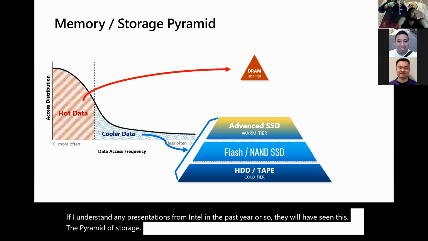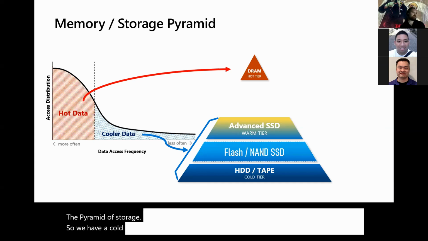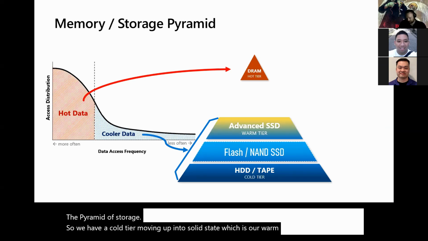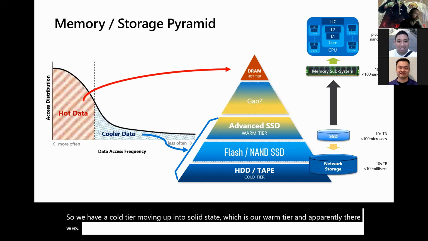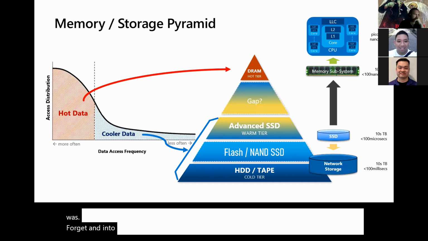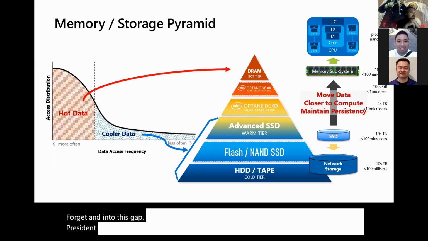We have our cold tier moving up into solid state, which is our warm tier. And apparently there was a gap, and into this gap, coincidentally enough, fits Optane.